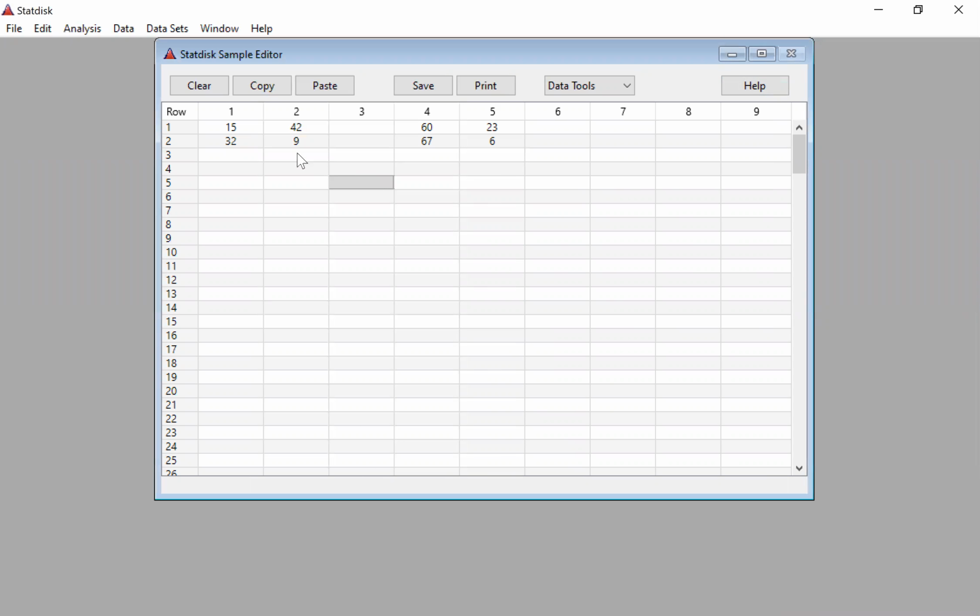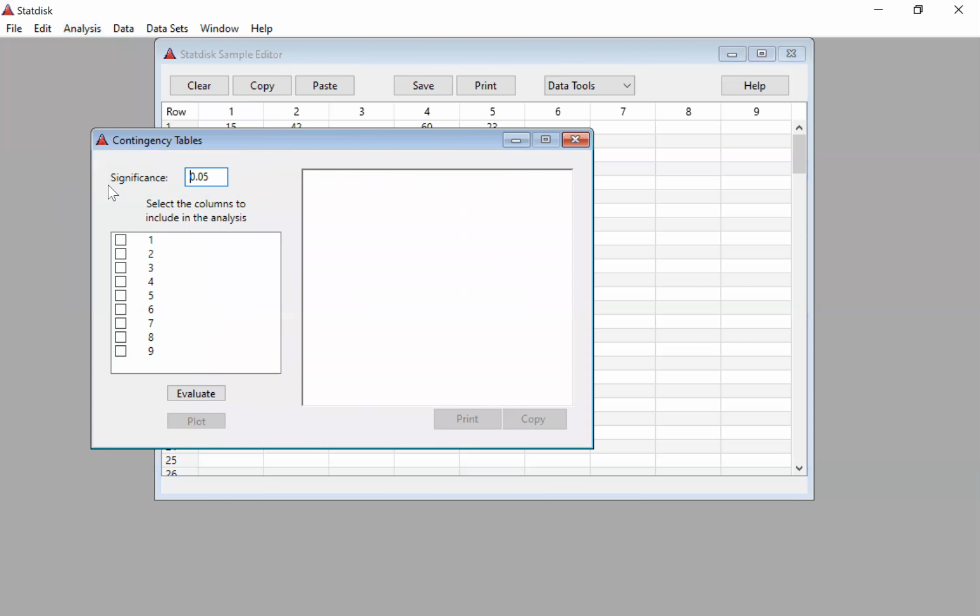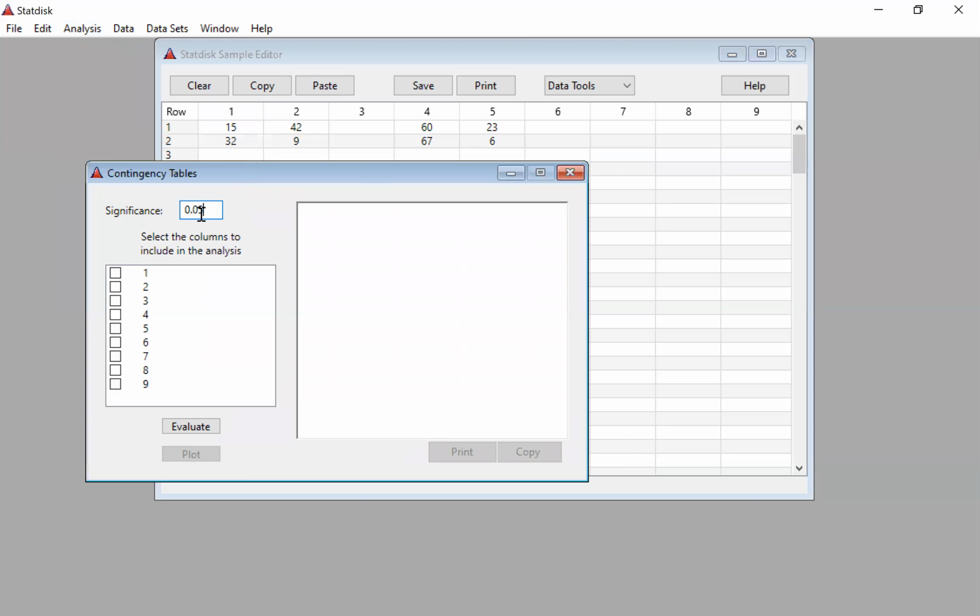And so this is a test of independence, which means we were given a contingency table. These numbers are frequencies. That's going to be important when we get to the next chapter, which deals with quantitative data. So contingency tables, our significance level this time was 0.01. Our data is in columns 4 and 5 this time.